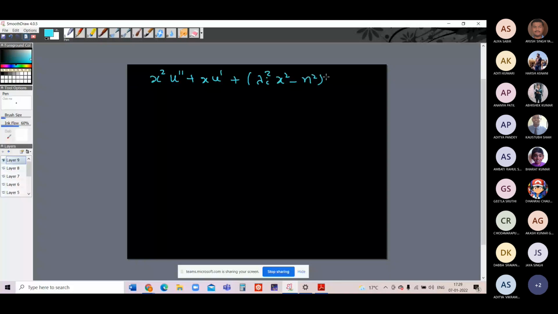Now multiplying both sides of this equation by 2u dash, we will get x square times 2u dash u double dash plus 2x u dash square plus lambda_i square x square minus n square times 2u u dash.